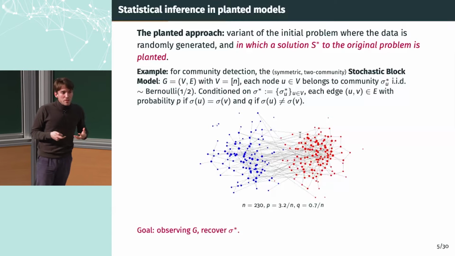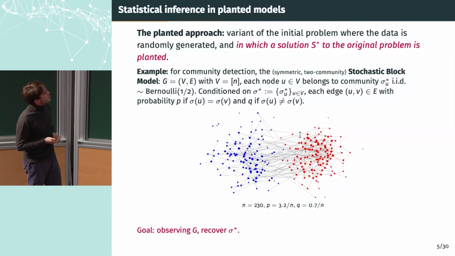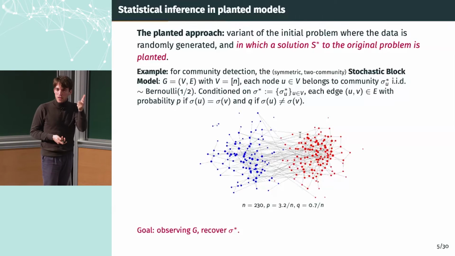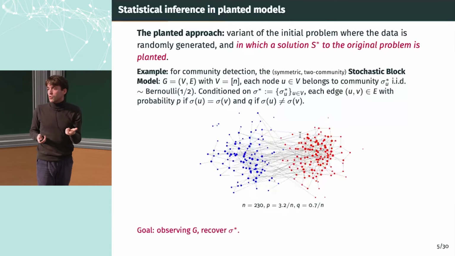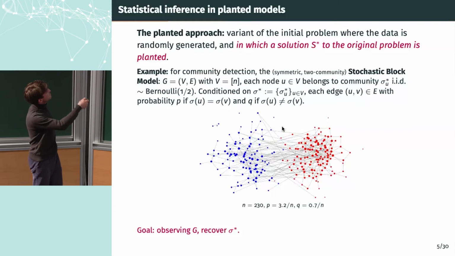And the graph is not worst case, it's a typical random graph where the probability of connection between U and V depends on the community. This probability will be P if they belong to the same community, and Q if they have different communities.